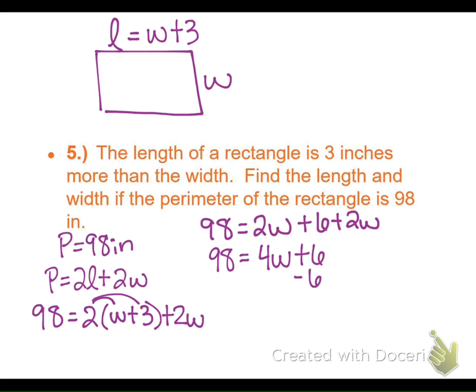Start to solve. Subtract 6 on both sides. 92 equals 4W. Divide both sides by 4. And we should get W equals 23.